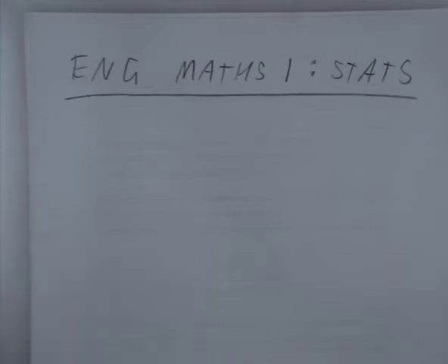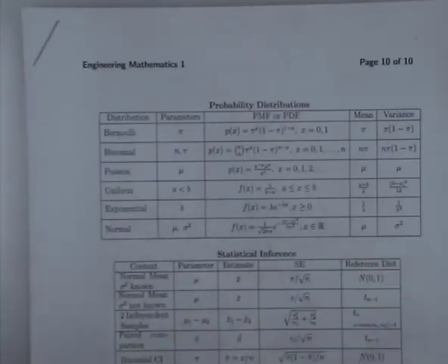Right. So firstly, this is your formula sheet for your exam. And on the other side, which I haven't photocopied, there'd be stuff for differential equations as well. But I'm going to let you guys deal with that on your own. This is the stats side, and there are some important things missing from this that you have been told you need to remember anyway, right?